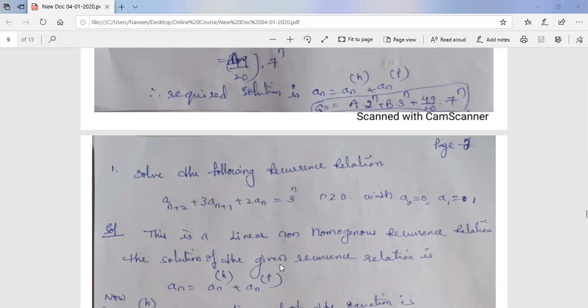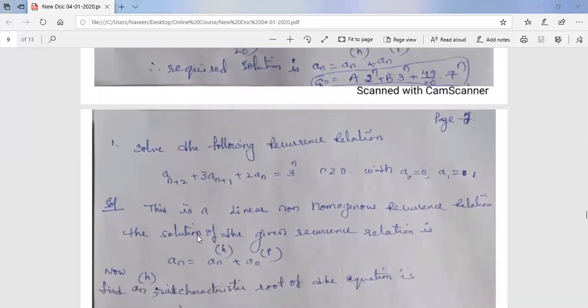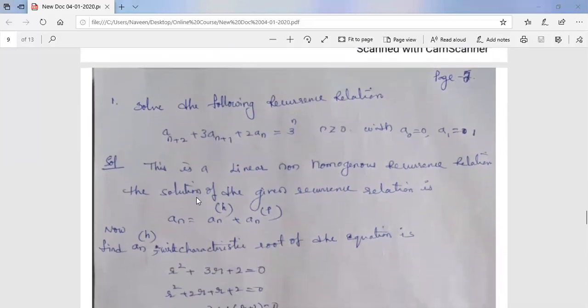The solution of the given recurrence relation, as I said, contains two parts: a homogeneous and a particular solution. That's what I have written. The sum of these two will give you the total solution. So let me first find the first part of the solution, that is a_n^h.